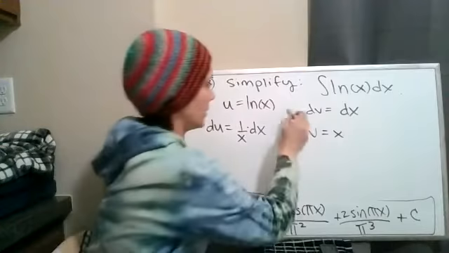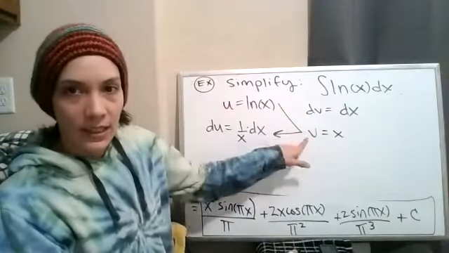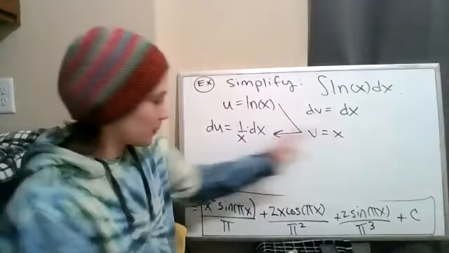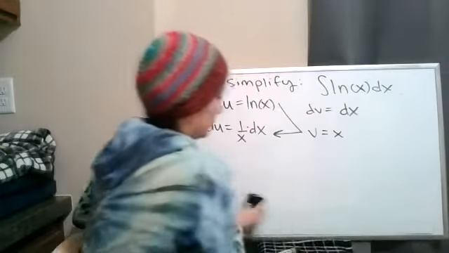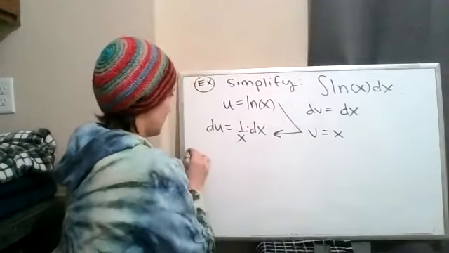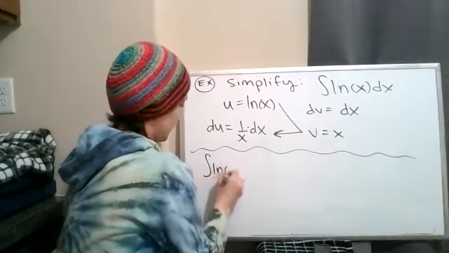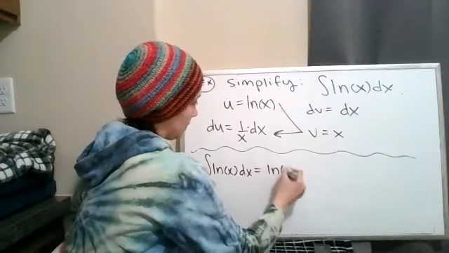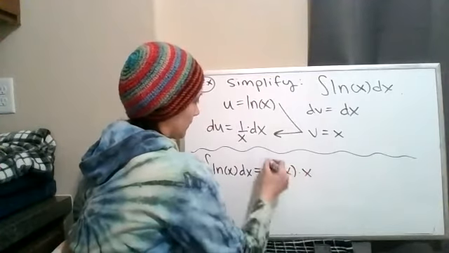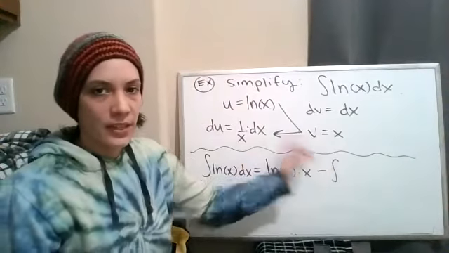Then we go across and over. u times v is ln x times x. Subtract the integral of v du.